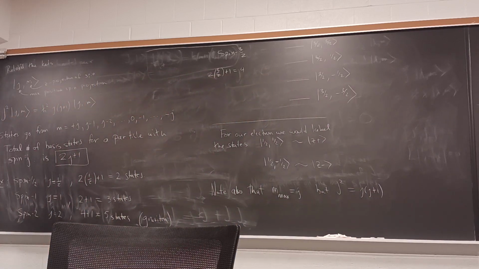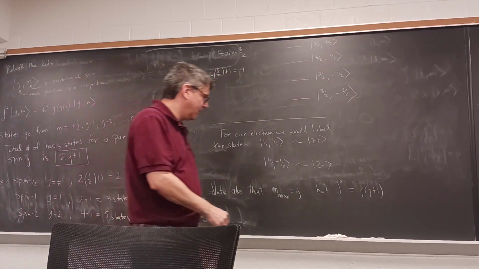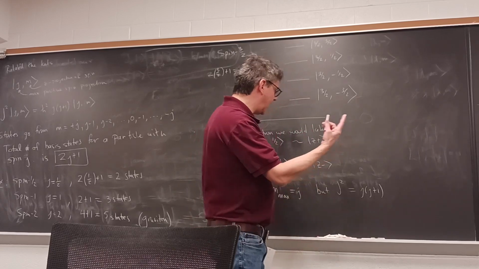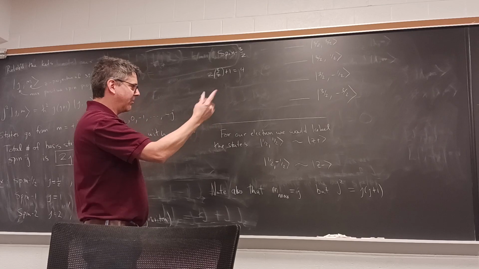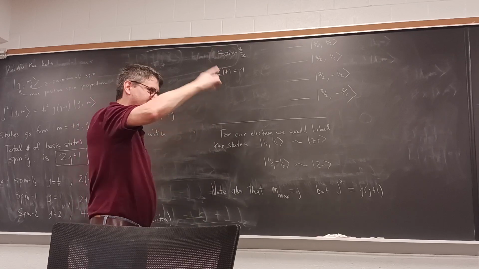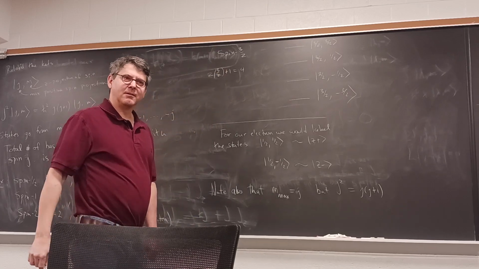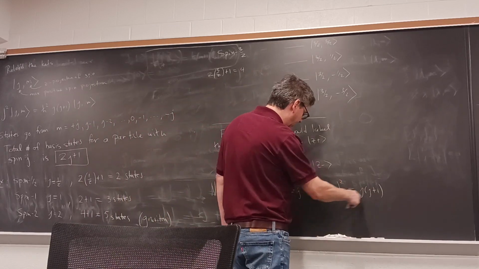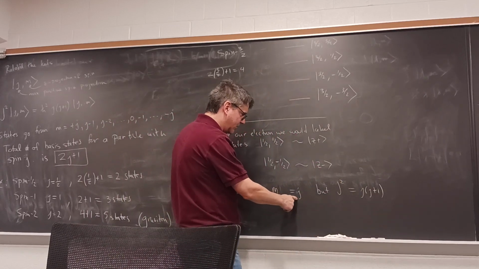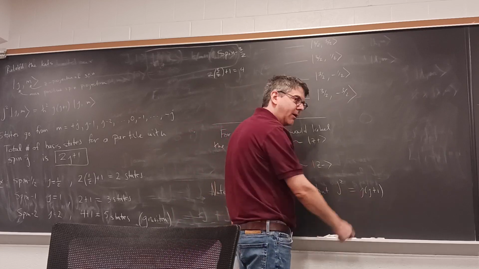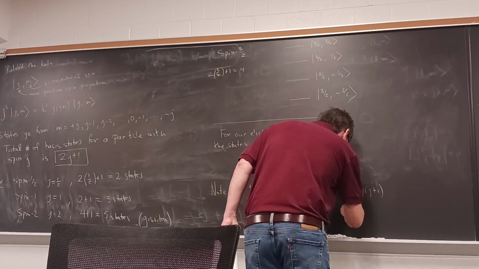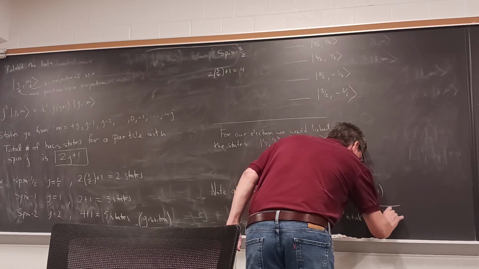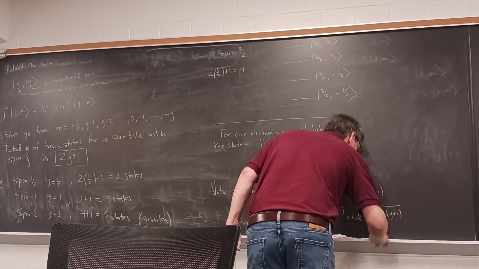So what that means is you can't ever align the z-axis of your particle along your instrument z-axis. I don't get this full value here, right? This is bigger than J squared. So J total is equal to the square root of J plus 1.